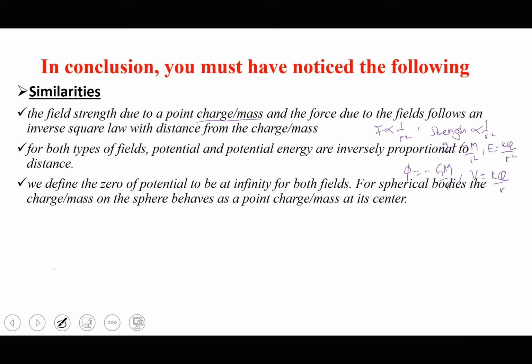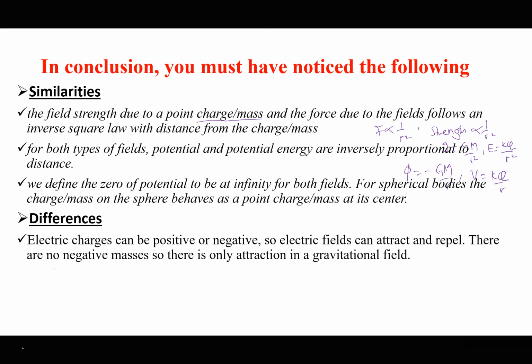You must have noted the major differences. Electric charges can be positive or negative. What does that imply? It implies that electric fields can attract or repel. We do not have any negative masses.